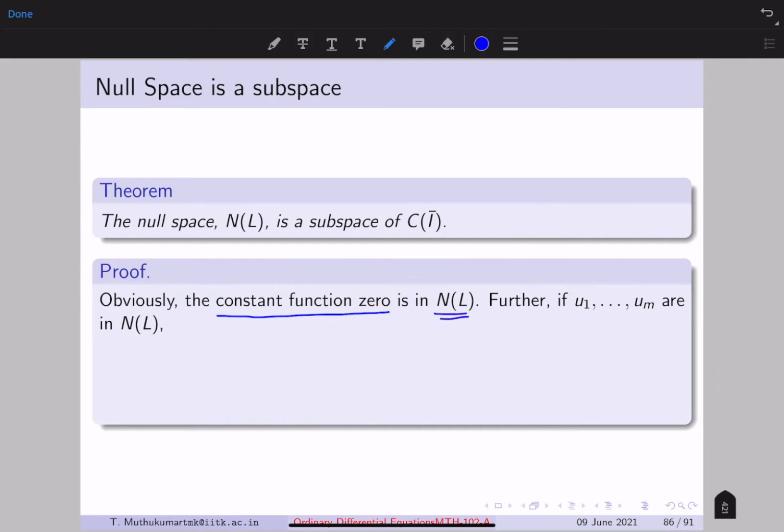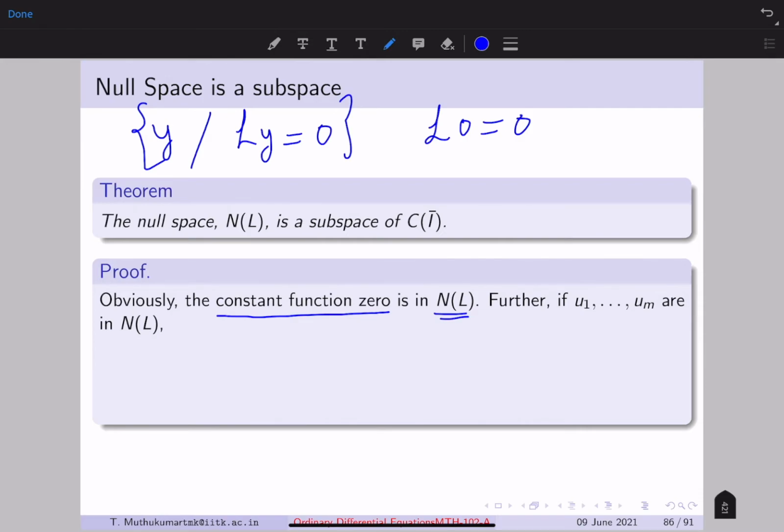Why? Null space is defined as all y such that Ly is 0, and we have already seen that L of 0 is 0. If we take the constant function 0 and apply the linear differential operator to it, the resulting function will be 0.